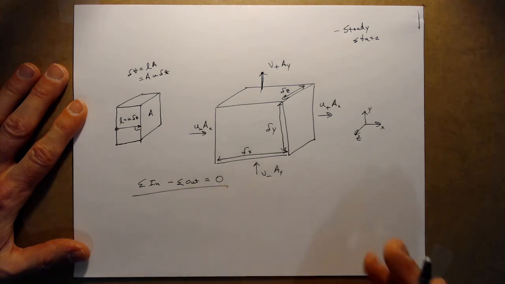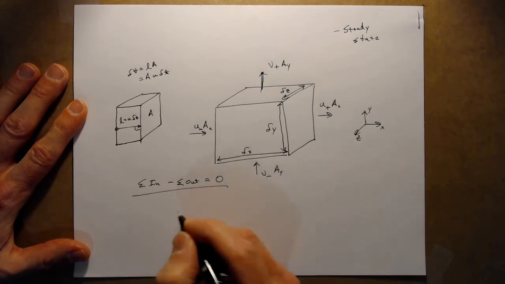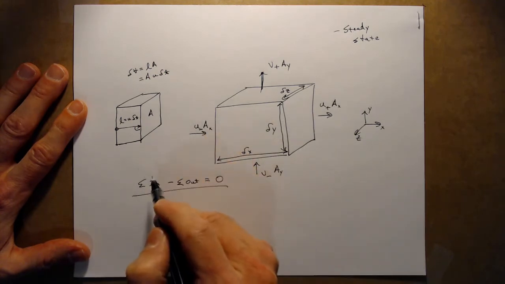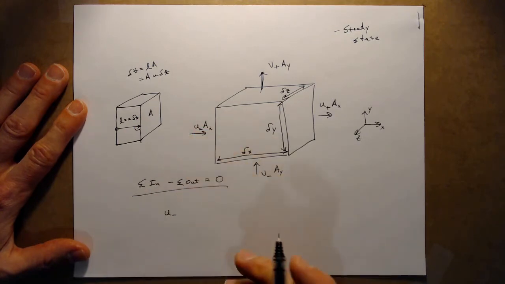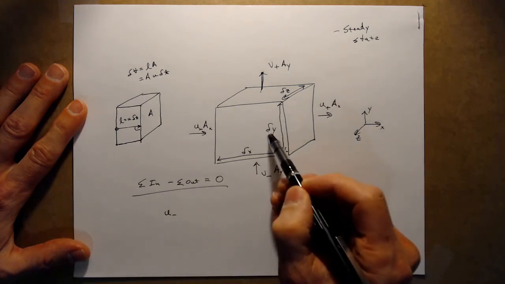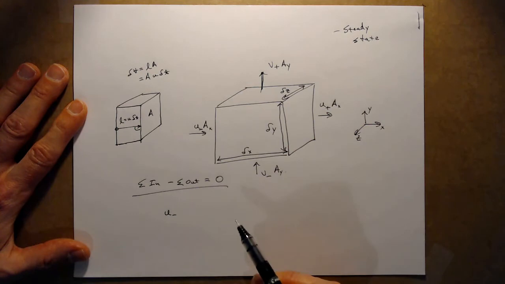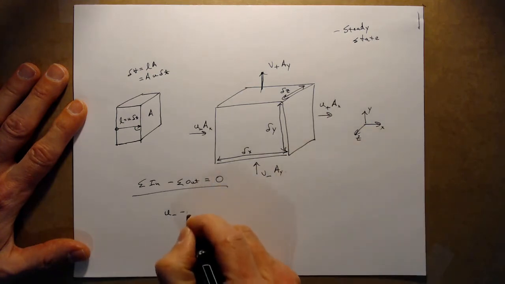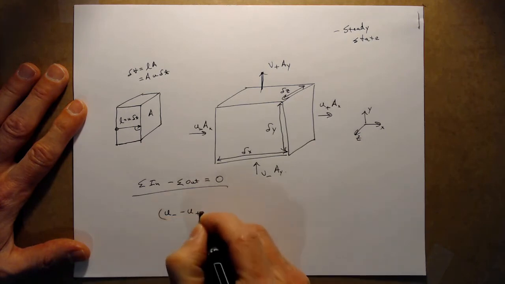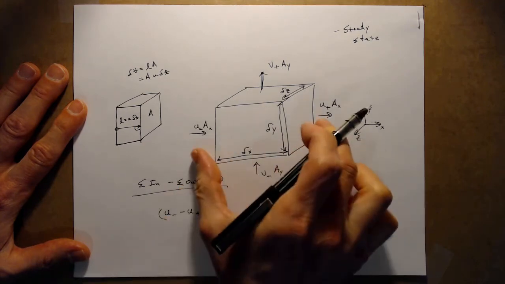So that summation is just going to look like the rate at which volume enters the left side, u minus times ax. Ax is going to be given by delta y times delta z, minus the rate at which it's leaving the right side. So I'm going to go ahead and write that u plus, times the area.